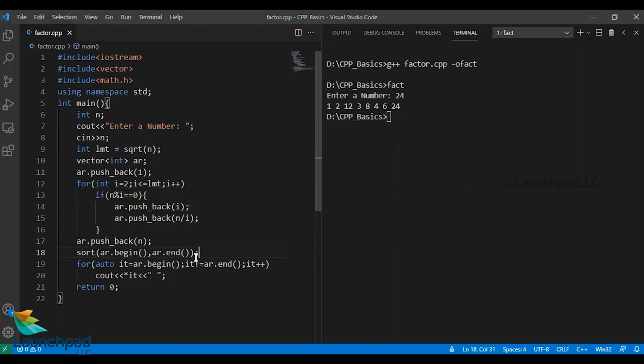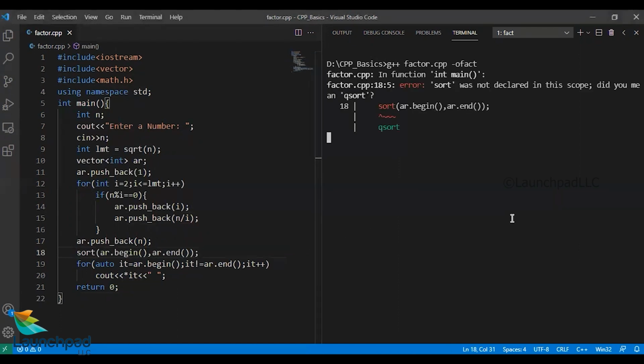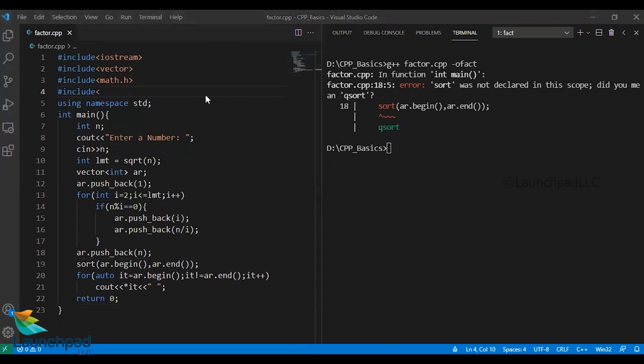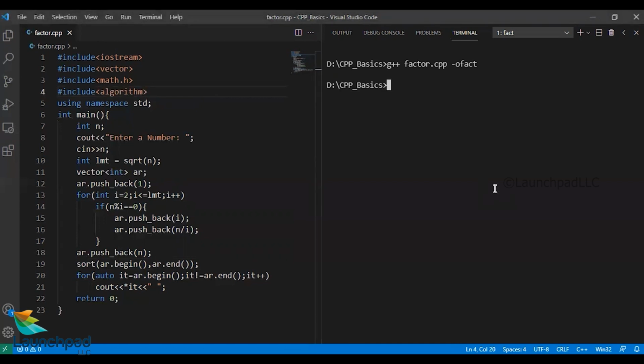I'm providing the starting and ending iterators. Let's clear the screen and compile it. The sort function needs to be declared from a header file. It is present inside the algorithm header file, and it compiled successfully. Let's run the code. For the number 24, it prints all the factors in order.